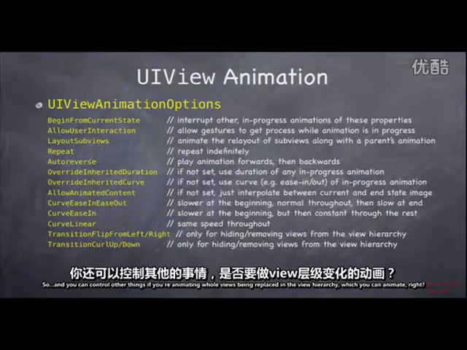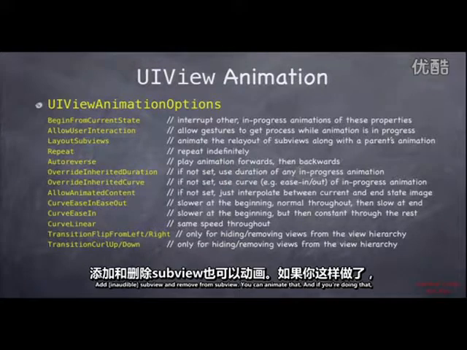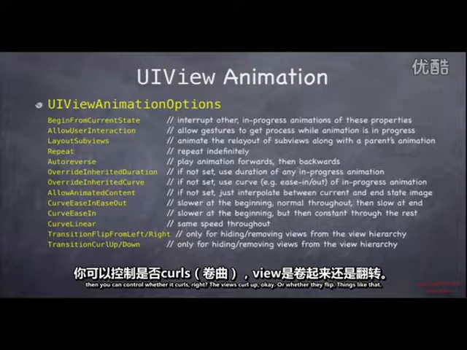And you can control other things if you're animating whole views being replaced in the view hierarchy, which you can animate, right? Add subview and remove from superview, you can animate that. And if you're doing that, then you can control whether the views curl up, or whether they flip, things like that.